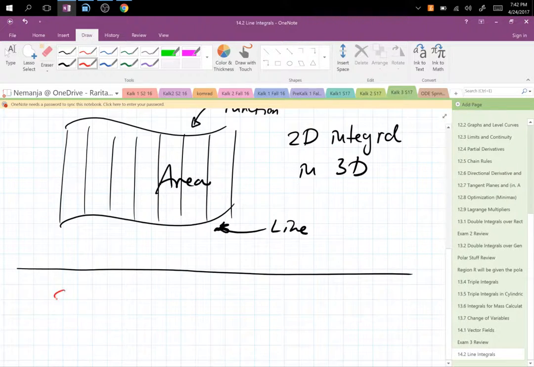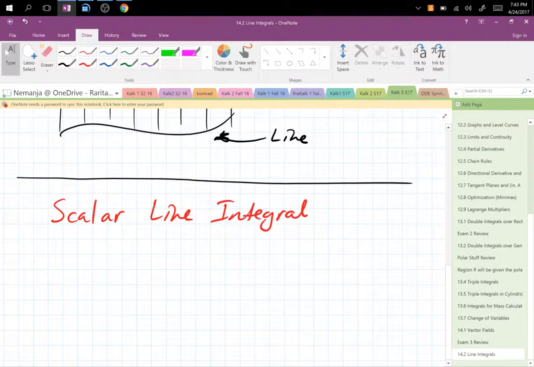here we go. So integral over some line C, call it path or line, of the function f, and then ds, that's the arc length parametrization. This is what we are going to do.